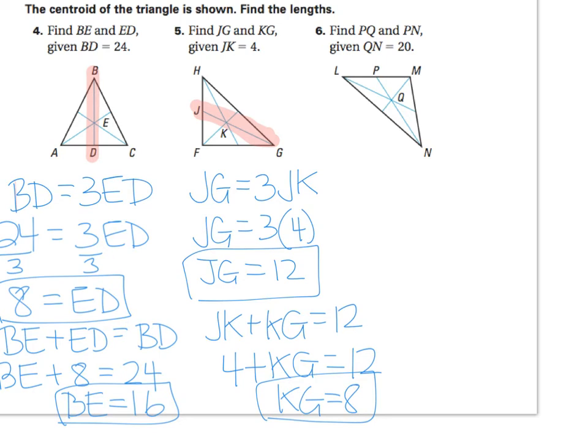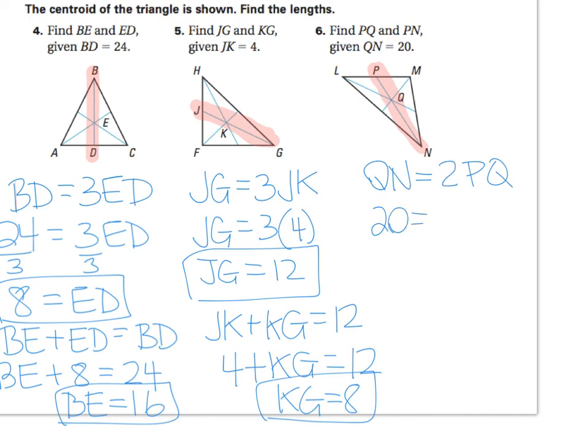The last one we're looking at, PN, my whole median. And I know QN, that's the longer piece. So the only relationship I have is that the longer piece equals 3 times the shorter piece. So QN, oh, not 3 times, 2 times. I'm sorry. The whole thing is 3 times the shorter piece.